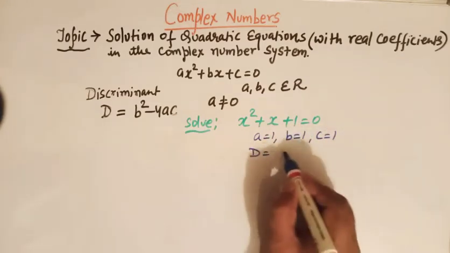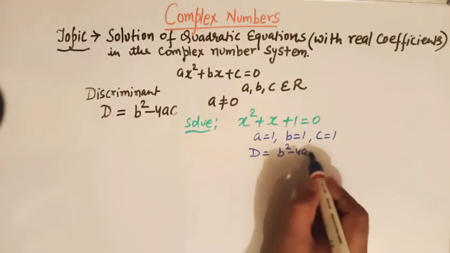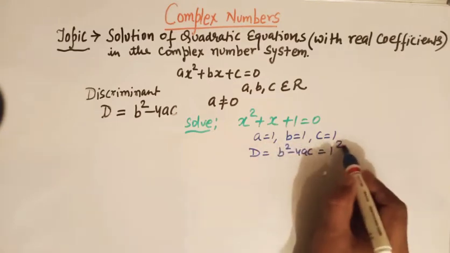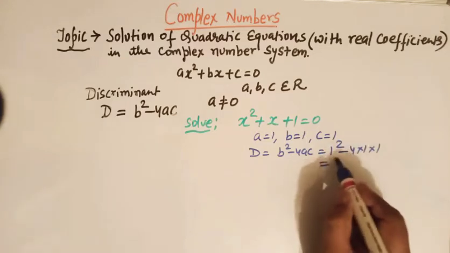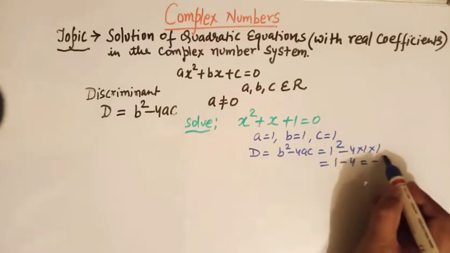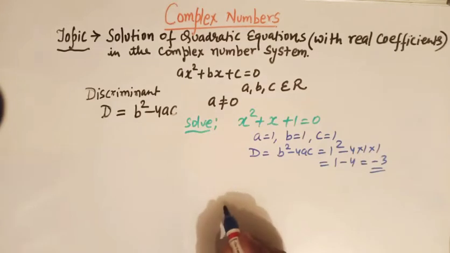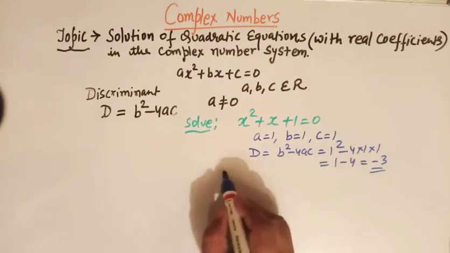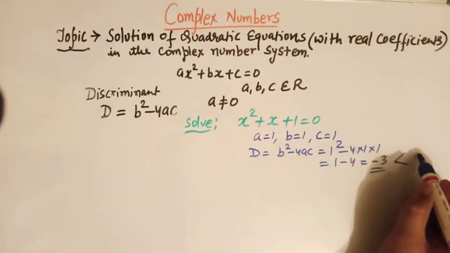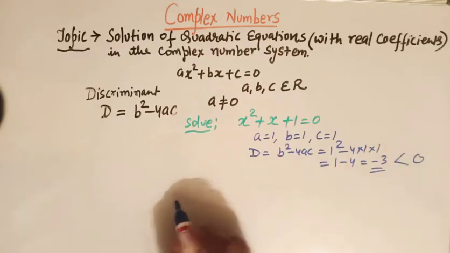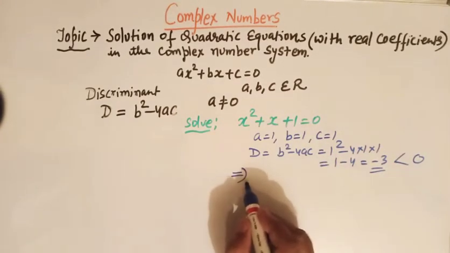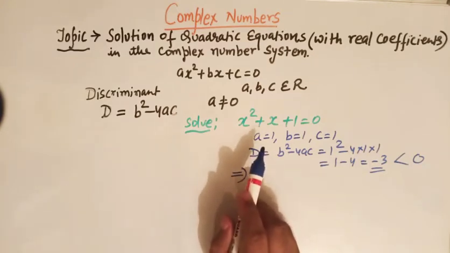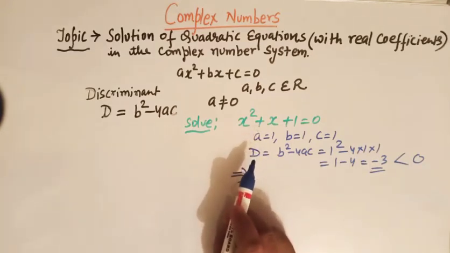So the discriminant is b square minus 4ac. So we see that this is 1 square minus 4 times 1 times 1, that is 1 minus 4, that is minus 3. And we know that if the discriminant is less than 0, then the quadratic equation has its roots in the complex number system.